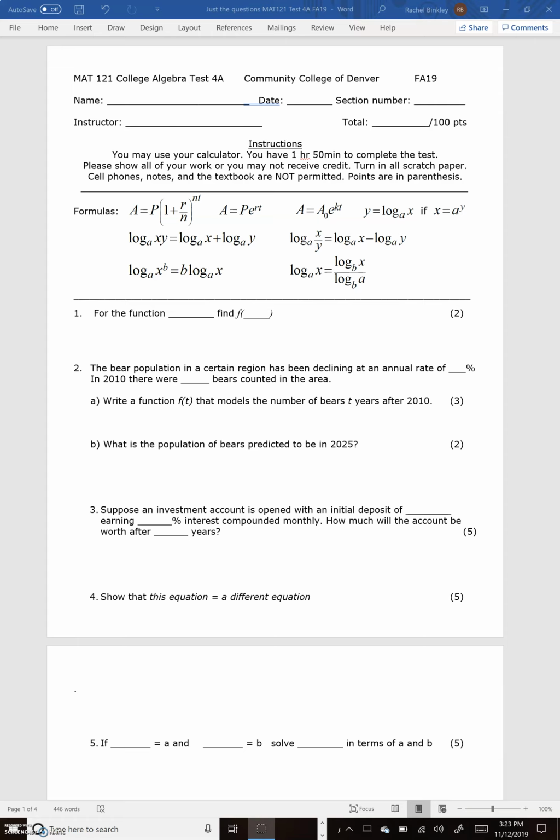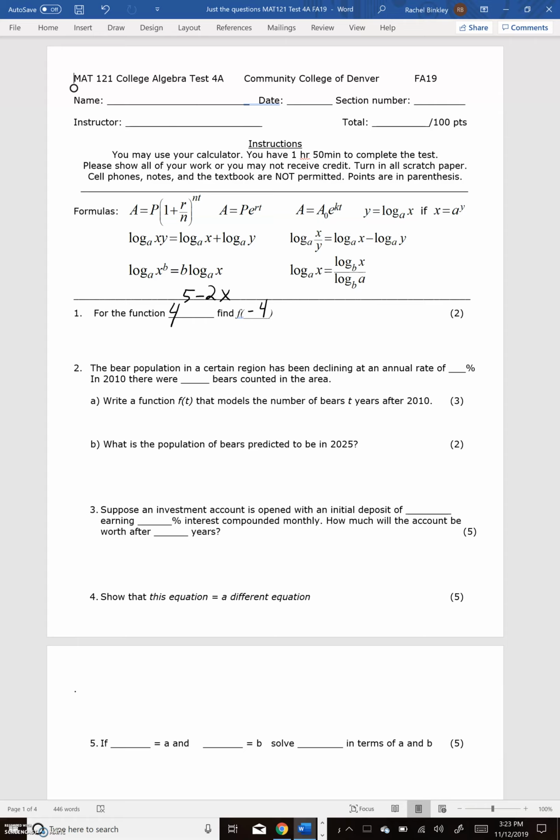For the function 4 to the power of 5 minus 2x, it wants us to find f of, let's try negative 4. Okay, so technically you could just put this into your calculator just like this if you wanted to.